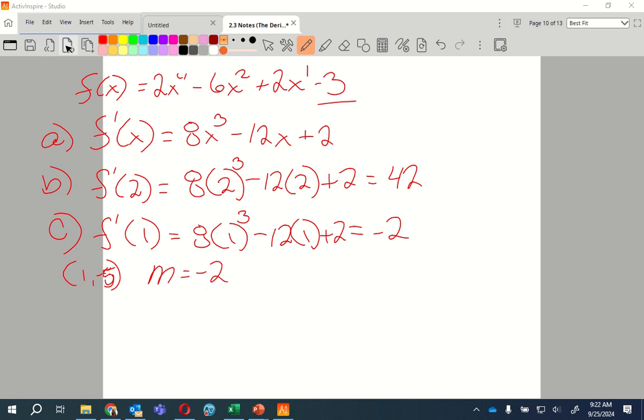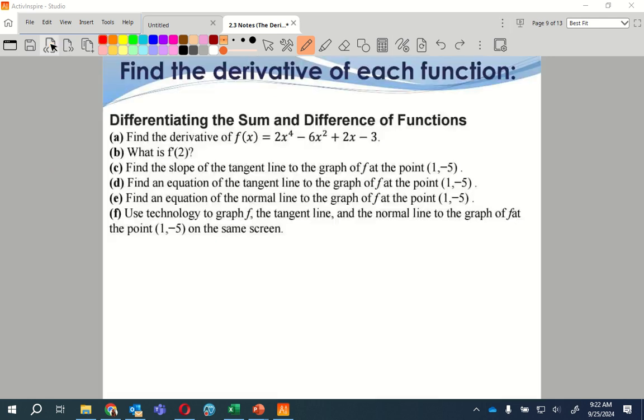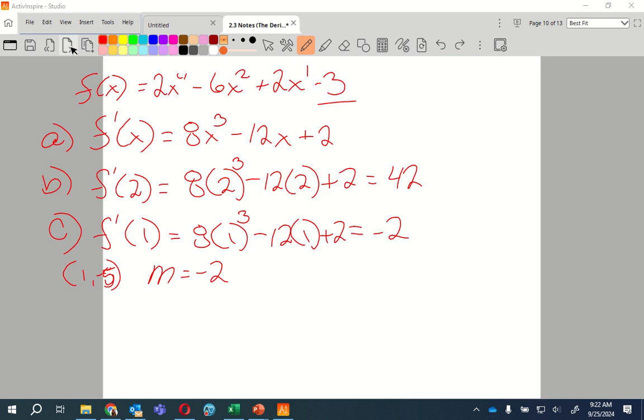Double check my math. Okay. So part C was the slope. Part D says the equation of the tangent line. Since I have a slope and a point, I'm just going to use a different color.